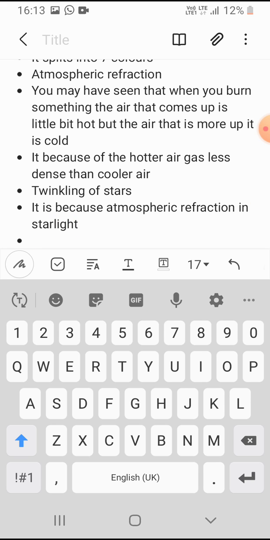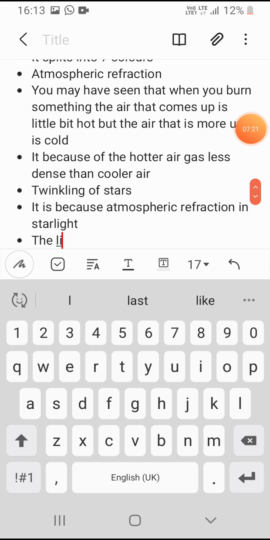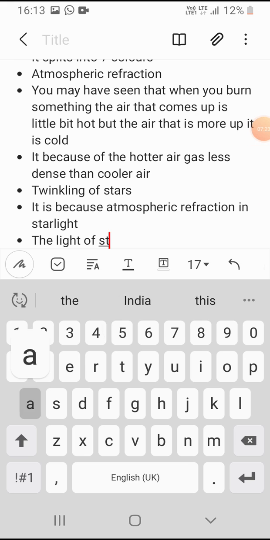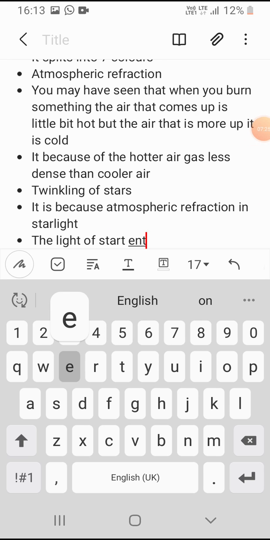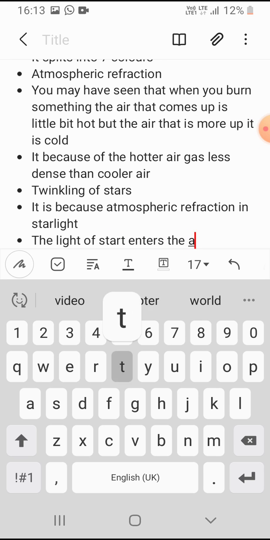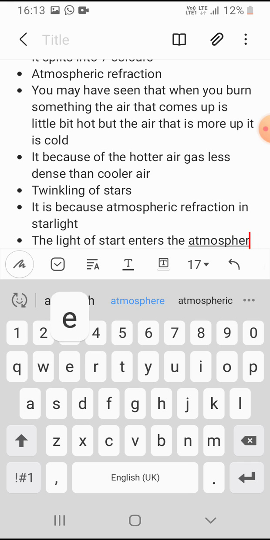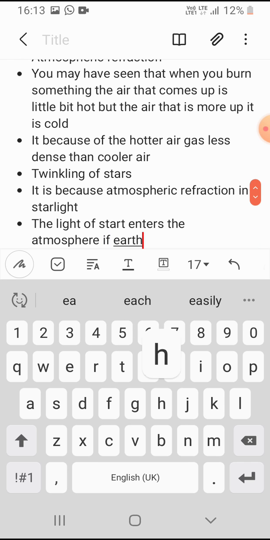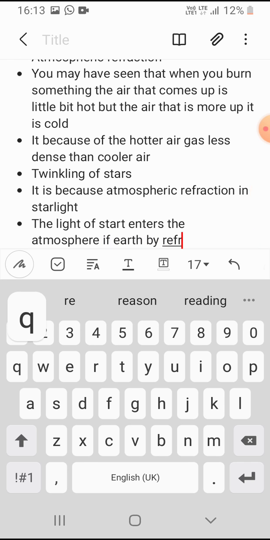Because of that refraction, you feel the twinkling of the star. Light of the star enters the atmosphere of the earth by refraction.